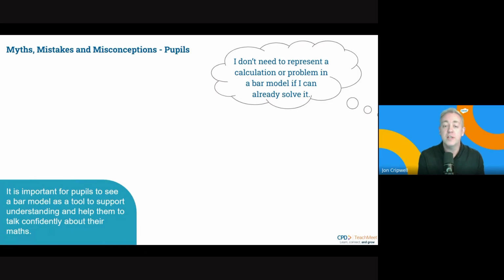By encouraging them to use a pictorial representation, such as a bar model or concrete apparatus, we're encouraging children to think about things in a different way, and to really dig underneath the surface level understanding that they might have, and begin to explore the structure of the maths underneath, which will make other areas of maths much easier for them as they begin to explore those things.